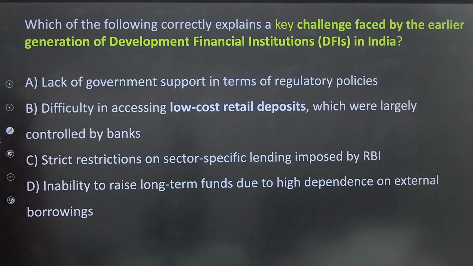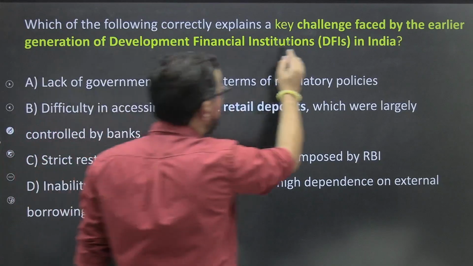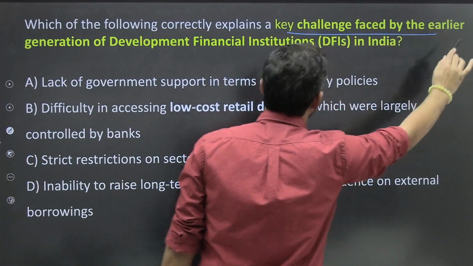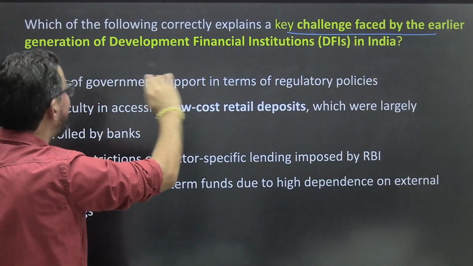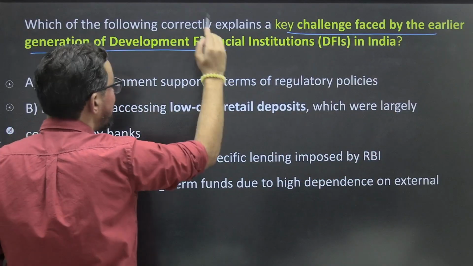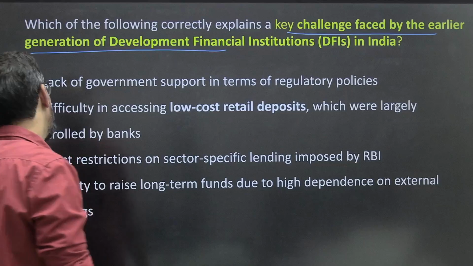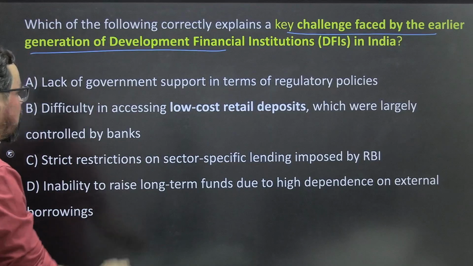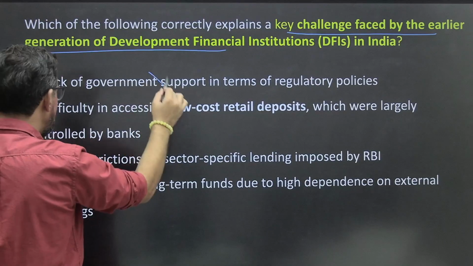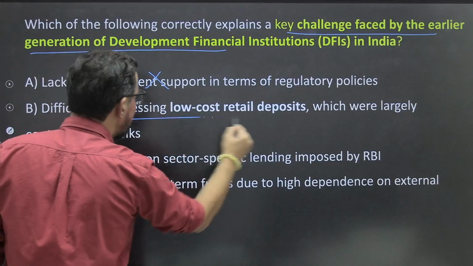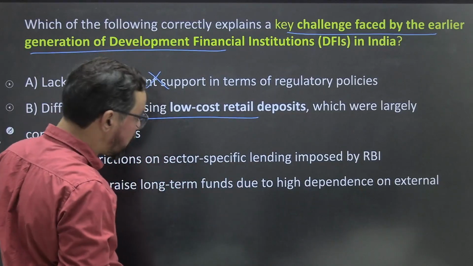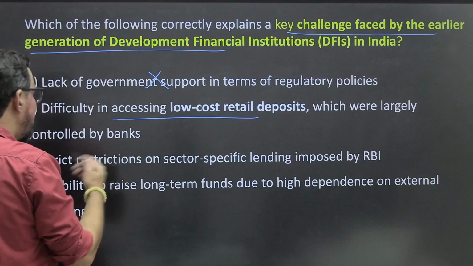Next one. Which of the following correctly explains key challenges faced by the earlier generation of development financial institutions in India? Lack of government support of regulatory policies, no. Difficulty in accessing low-cost retail deposits, which were largely controlled by banks.